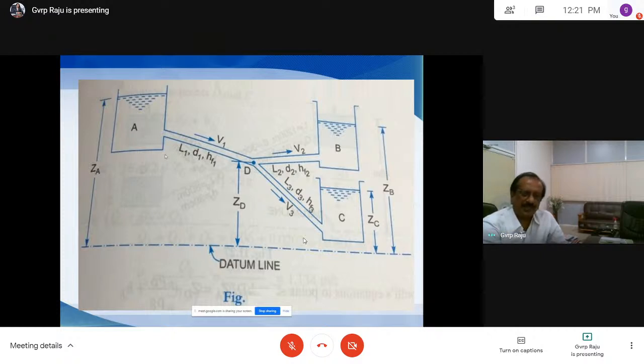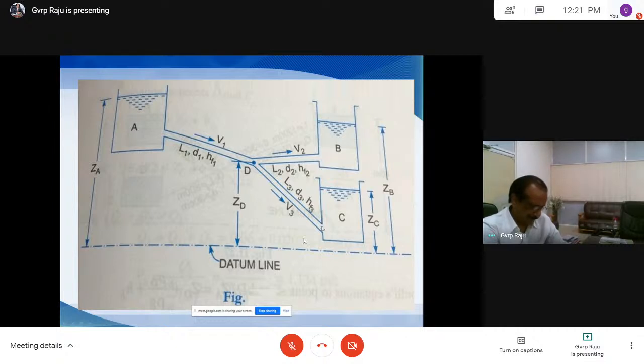Q1 is the quantity of water flowing through pipe 1, Q2 is the discharge for pipe 2, and Q3 is the discharge for pipe 3. The water coming from reservoir A is equal to Q2 plus Q3.